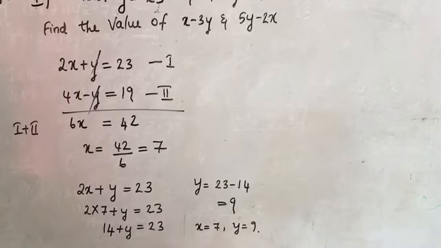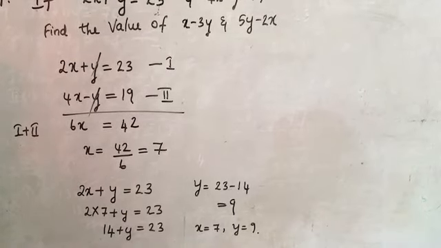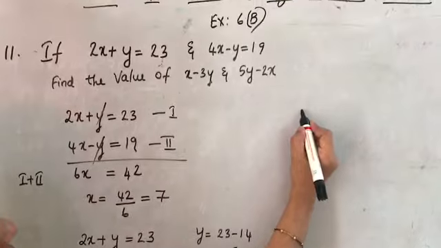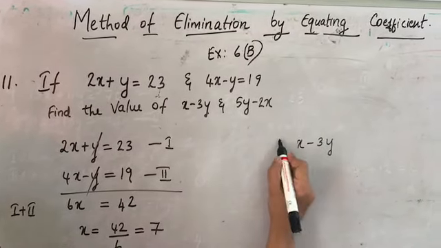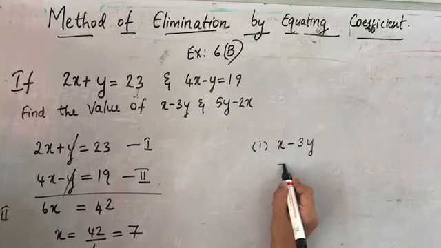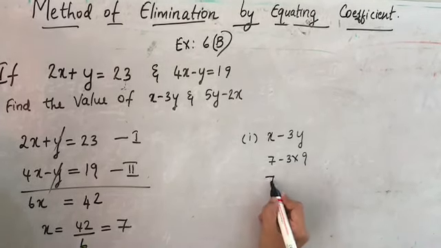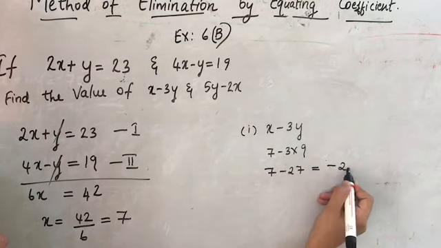So it's not over. What you have to do next? Find the value of x minus 3y. So you have the value of x and y now. Substitute that in this. So you get x minus 3y. It's the first thing to find. X is 7 minus 3 into 9, that is 7 minus 27 equals minus 20.